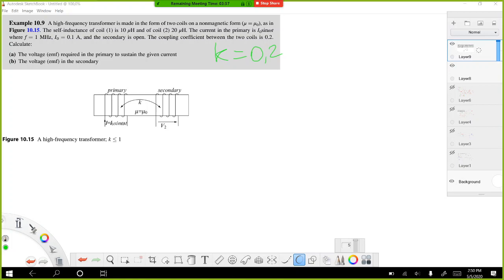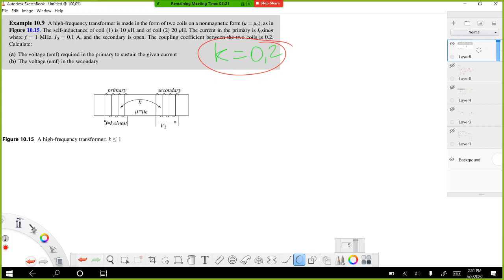So as you can see, this transformer must be treated as a real transformer with 80% of flux leaking out and only 20% of flux linking the coils. This K equal to 0.2 is saying this.